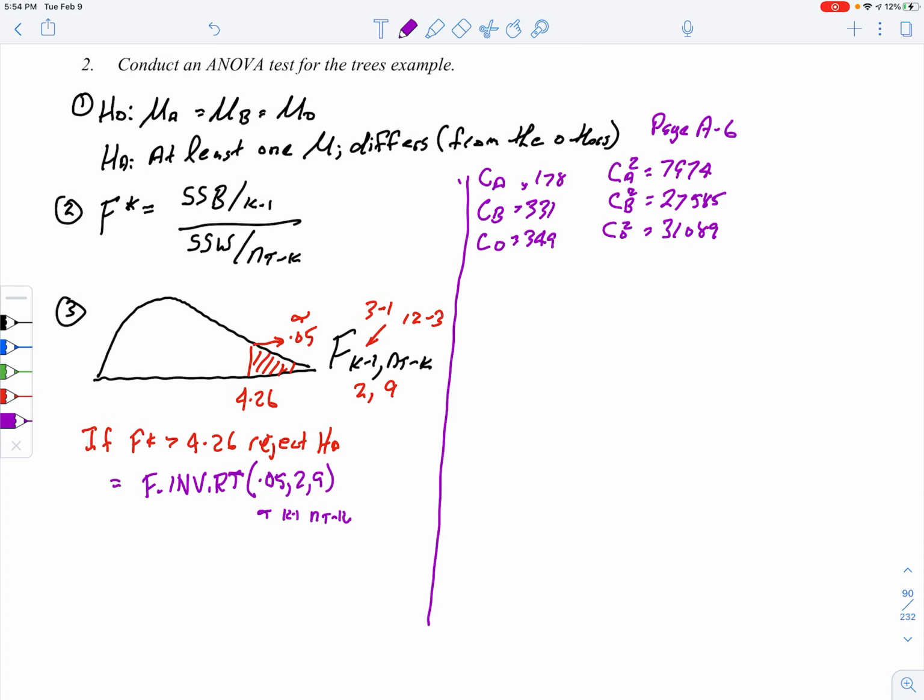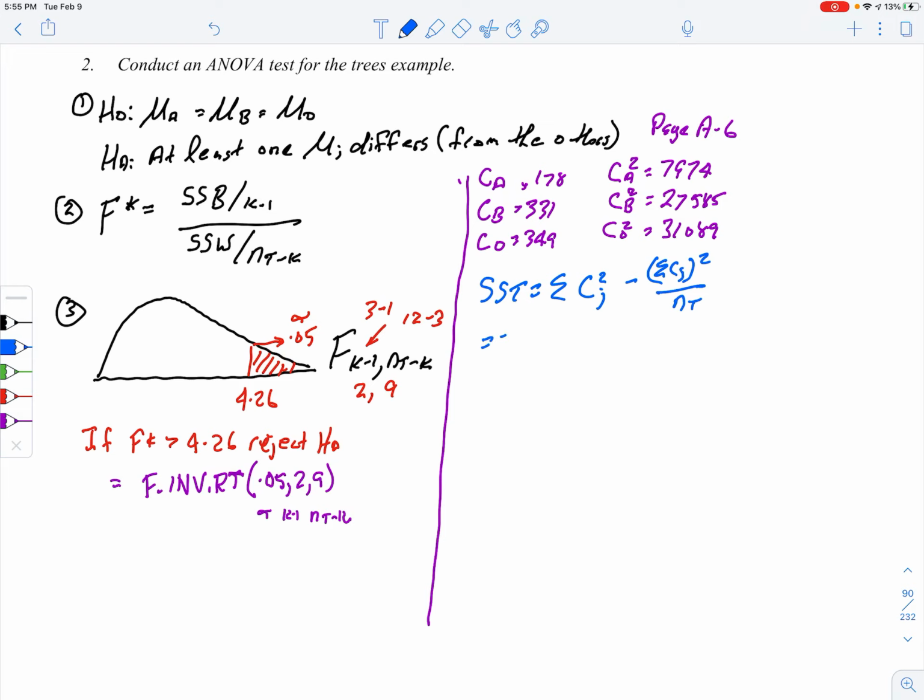So those are the summary numbers. Now from there, we can take a look at these formulas, which you're going to find on page A6. SST is equal to the sum of the CJ squared values minus the square of the sum of the CJs over NT.